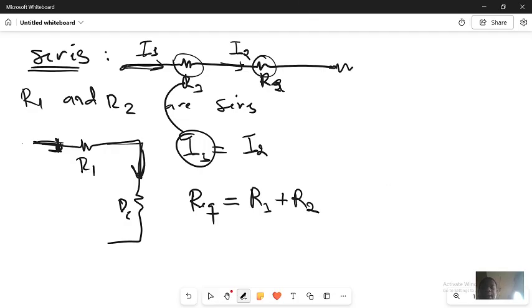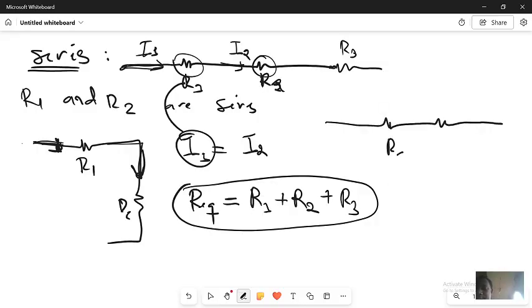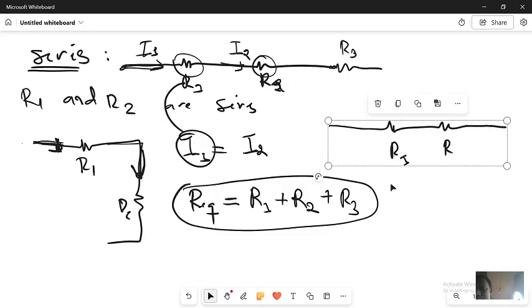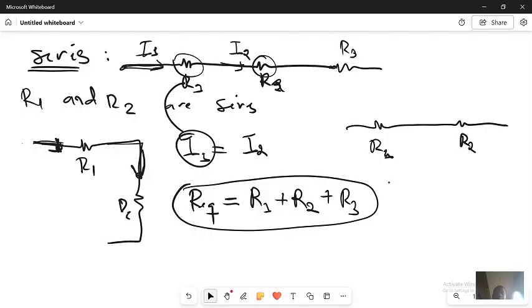If I had another R3 in series, I will just add R3. Is that how to determine the resistance if they are in series? So if I have two resistors in series, that's R1 and R2.